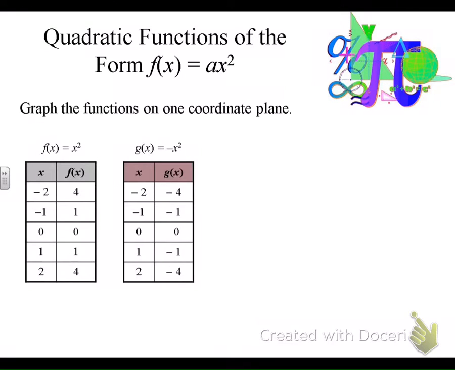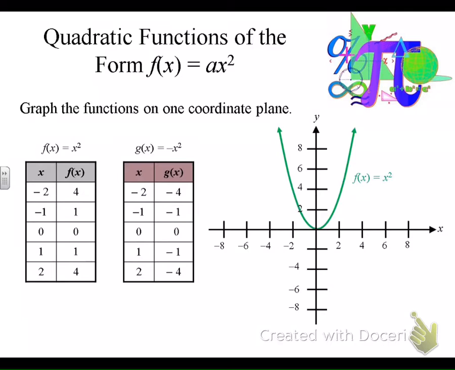Looking at the second table, up above it, we've got the -x squared. When I square the -2, I get a +4, but then you can see that you have that negative in front of it. So I end up with a -4.